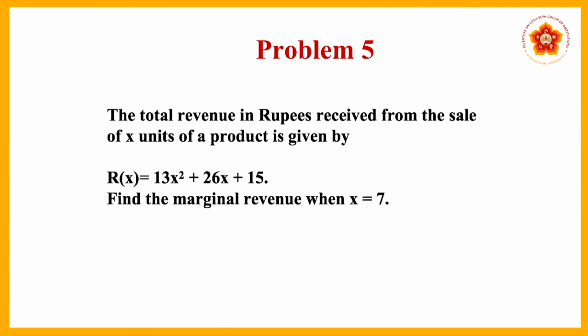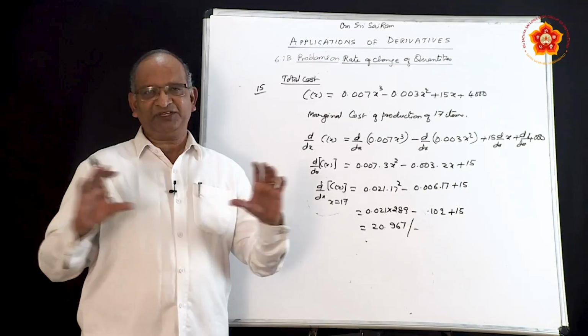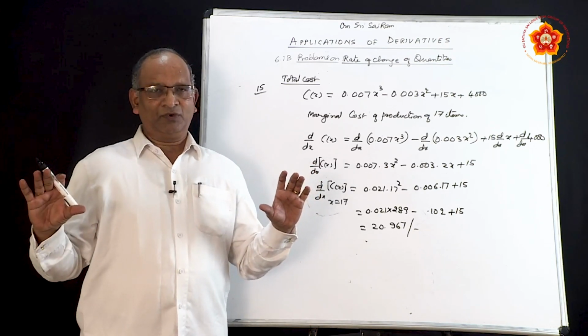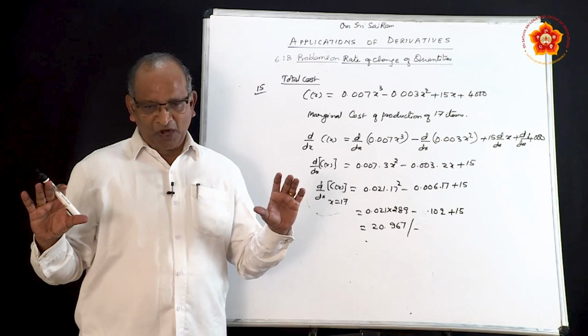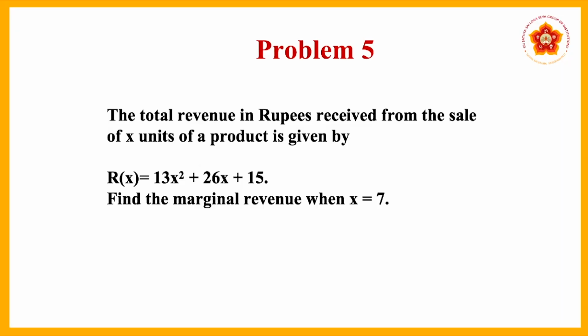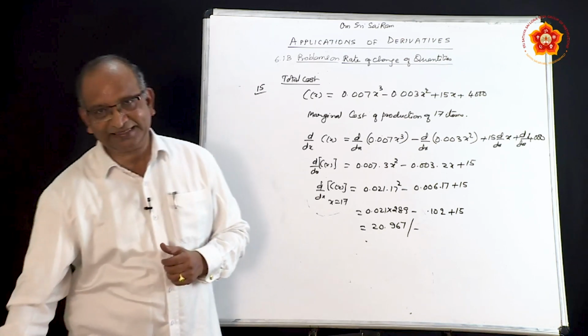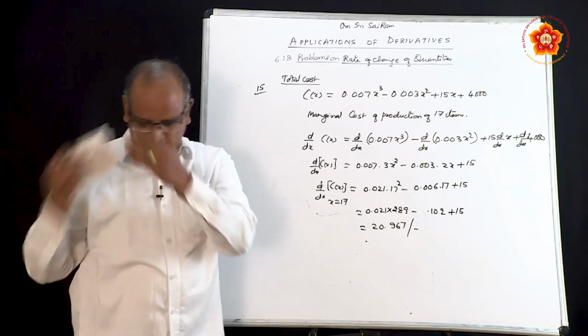He is asking to find the marginal revenue when x is equal to 7, when 7 items are sold. The function which is given is a general function that gives you what? It gives you total revenue. We want to know the marginal revenue. So let us see this last problem.